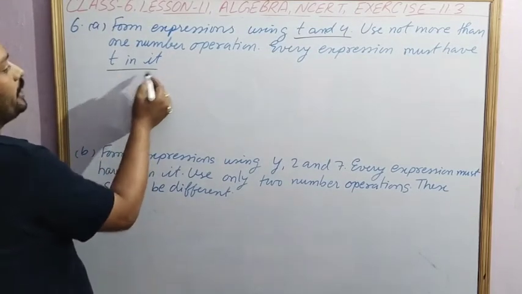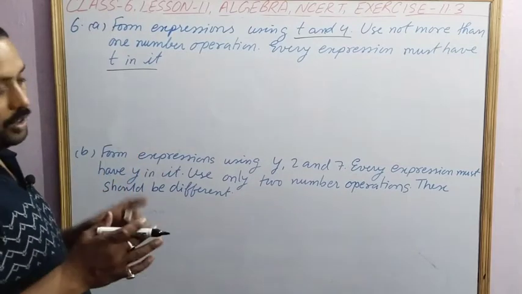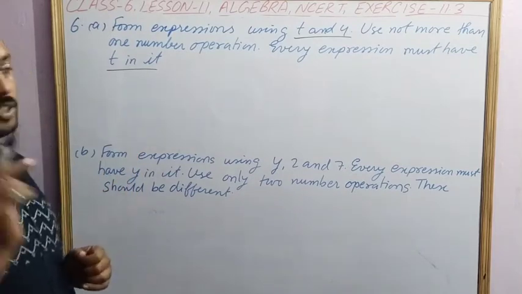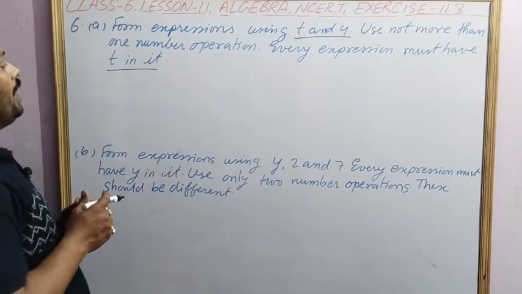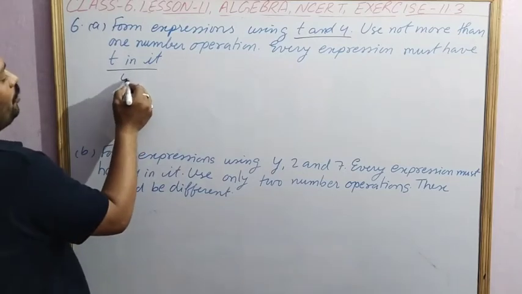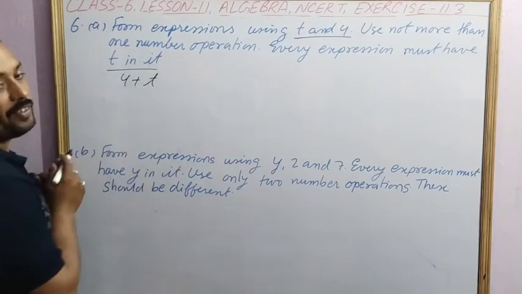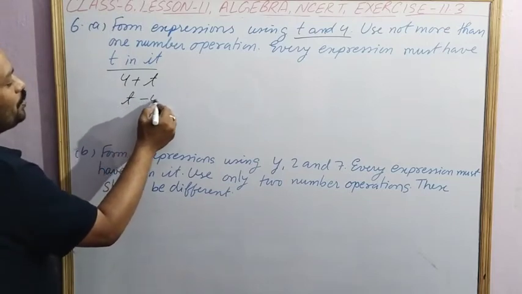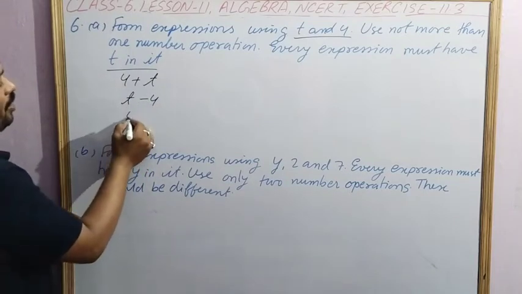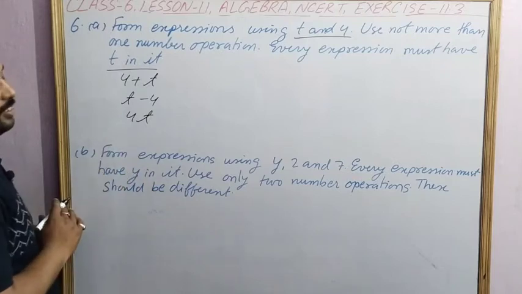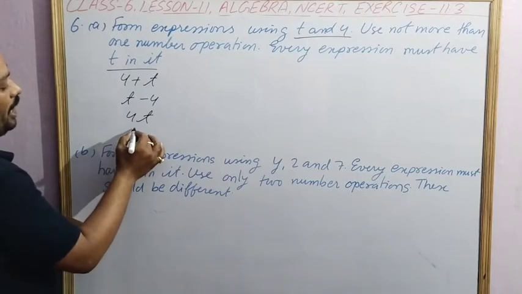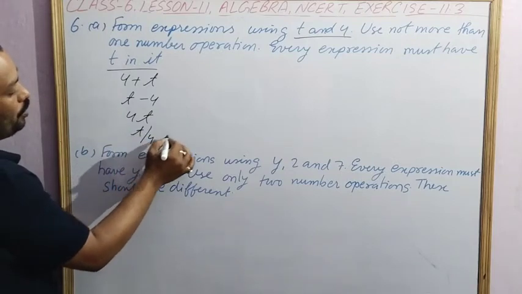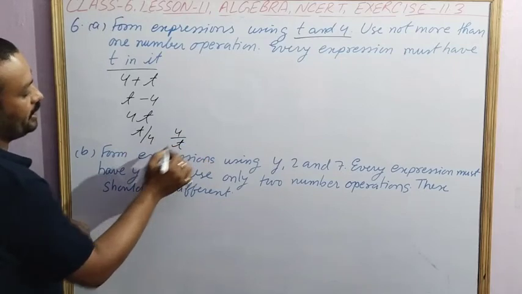So the condition is that we have to use both 4 and t, only one operation at a time, and t must be there. So first one 4 plus t, addition we have taken; t minus 4, subtraction; 4t, multiplication; and t by 4 or 4 by t.